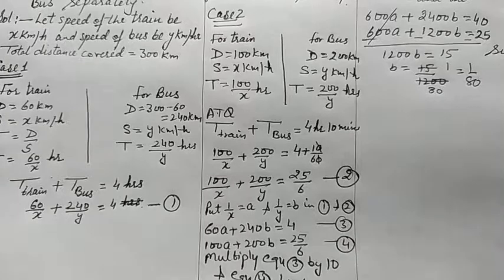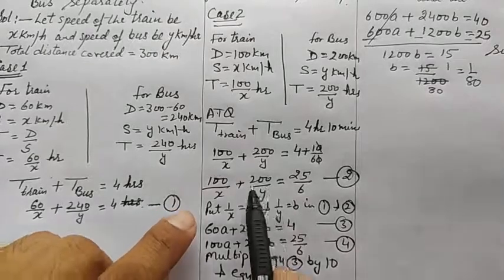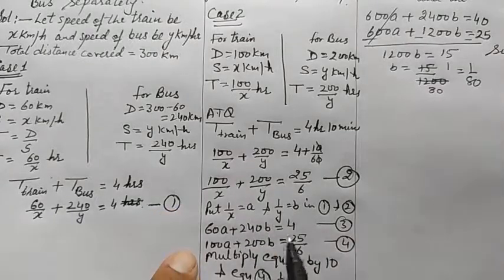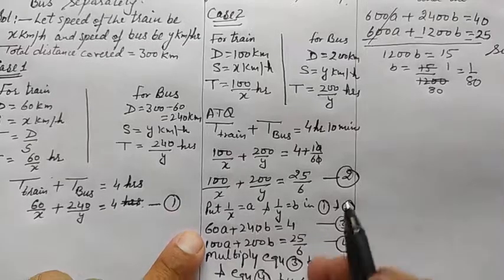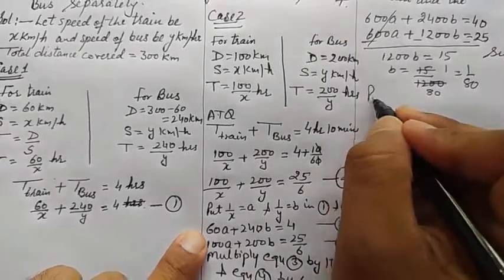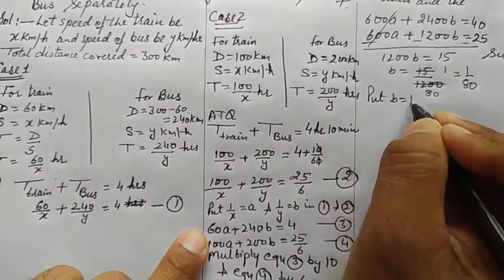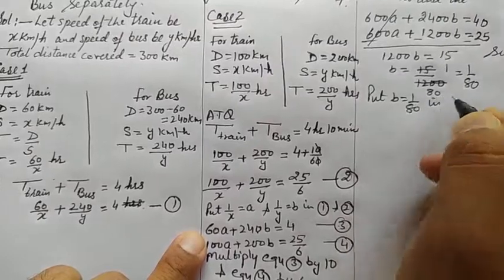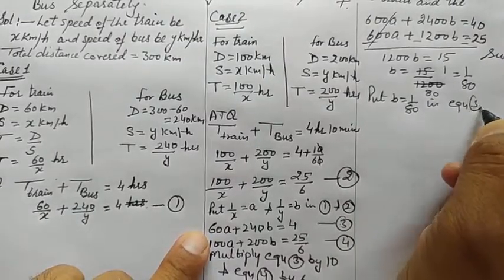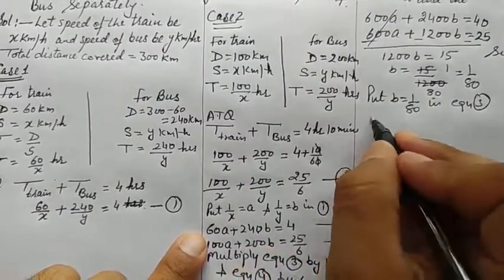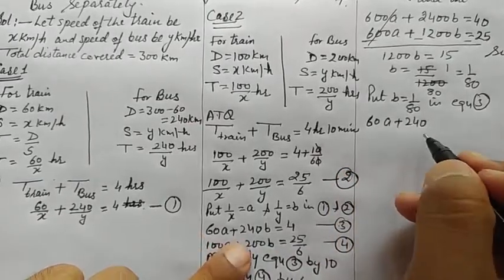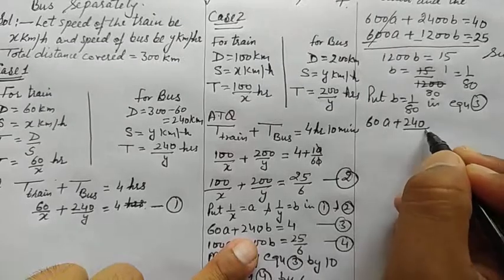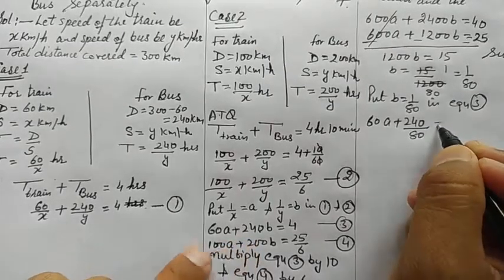So we'll put b as 1 by 80 in any equation, 3 or 4 you can put. So I am putting b as 1 by 80 in equation 3. So I get here 60a plus 240 into b, so into 1 by 80, is equal to 4.